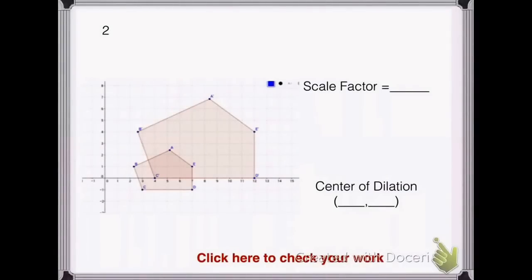Now on this one, we want to do the same thing. So we're going to count the spaces on the horizontal side of my pre-image, and you want to count the spaces on your image. And that's going to give you your scale factor.